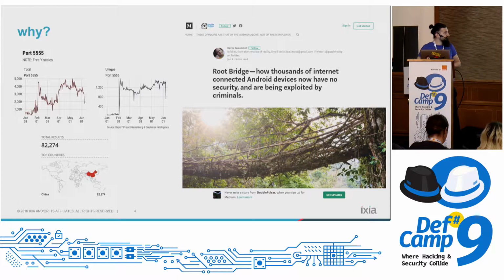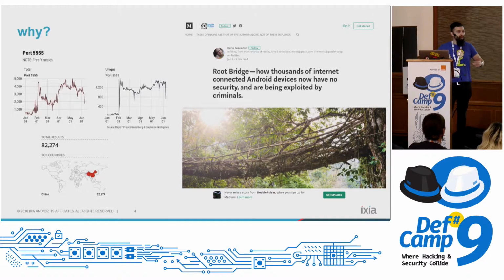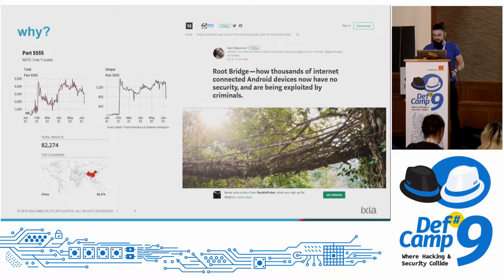And it looks like there are more and more devices that are being compromised by cyber criminals, and there are cyber criminals actively mining on your devices right now. And you can't really stop them because a lot of people don't actually know that they're actually being exposed.